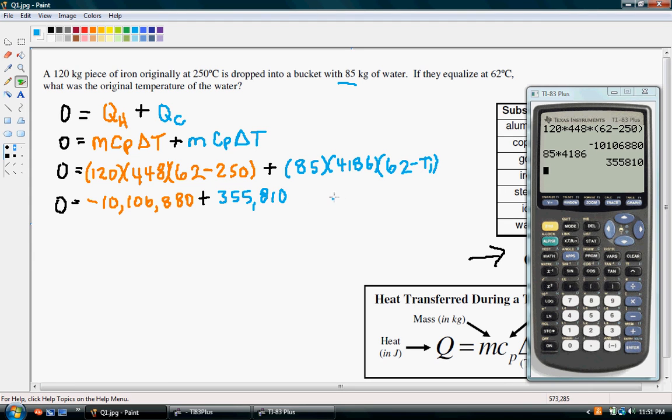And that is still being multiplied by 62 minus the initial temperature of that water. So we can add 10,106,880 to both sides. This was a negative on the right side, but it will become positive on the left.